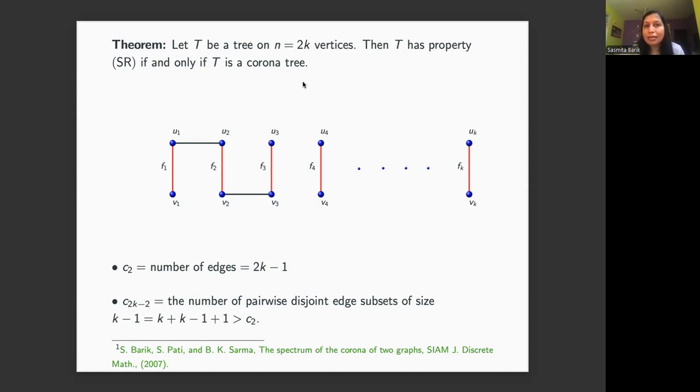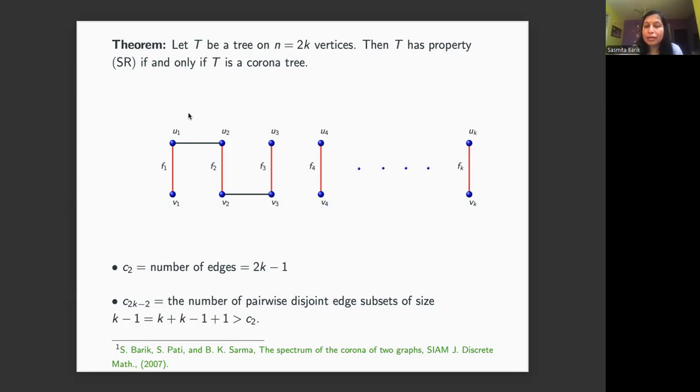So let us take a tree that is not a corona tree. I'm assuming that it's satisfying property SR, but I have to show that T must be a corona tree. But I'm thinking that, let's say, it's not a corona. If it's not a corona, then somewhere in between you can see that this situation would be there. The graph is satisfying property SR, so it obviously has an even number of vertices.